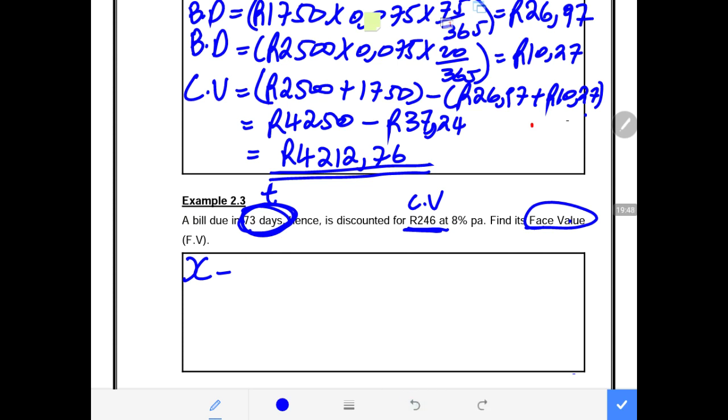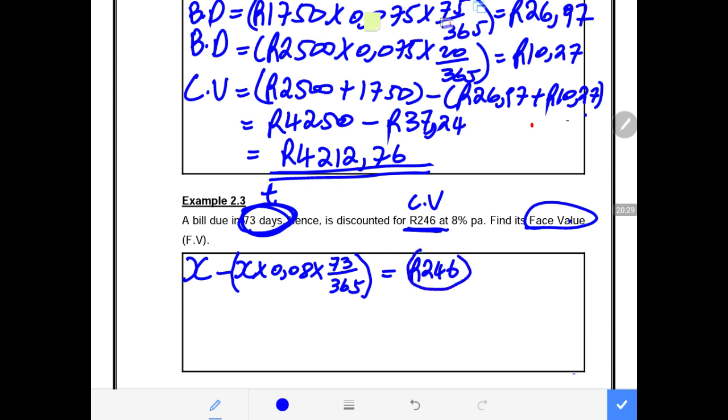That means our face value becomes X times our rate, which is 0.08, times our t, which is 73 days out of 365 days in a year. So this part of the formula is at least a bit clear. Then after this will be equal to 246 rand.